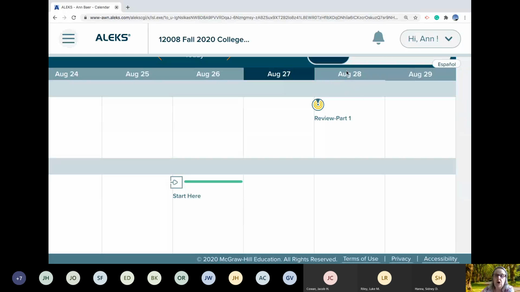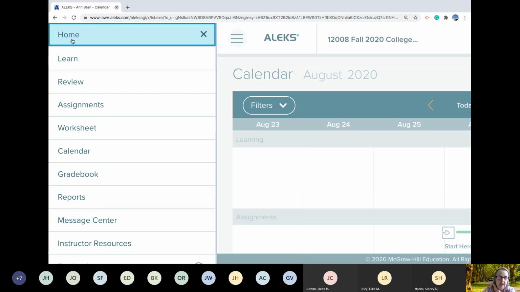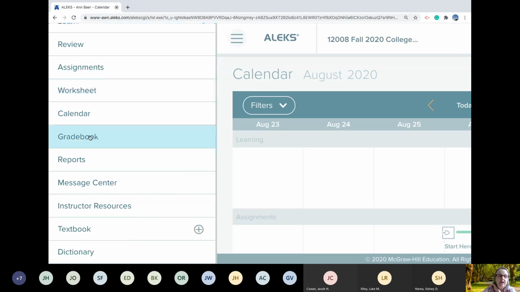If you want to really know what's going on a date, you have to look all the way down for, say, August 28th. I wanted to show you how to use the calendar since I'm here. The grade book is where you're going to go to see how you're doing in this course, like your scores on your exams and so forth.